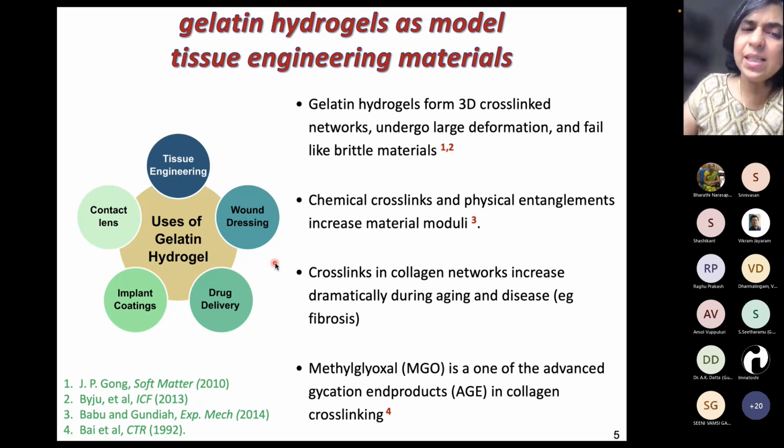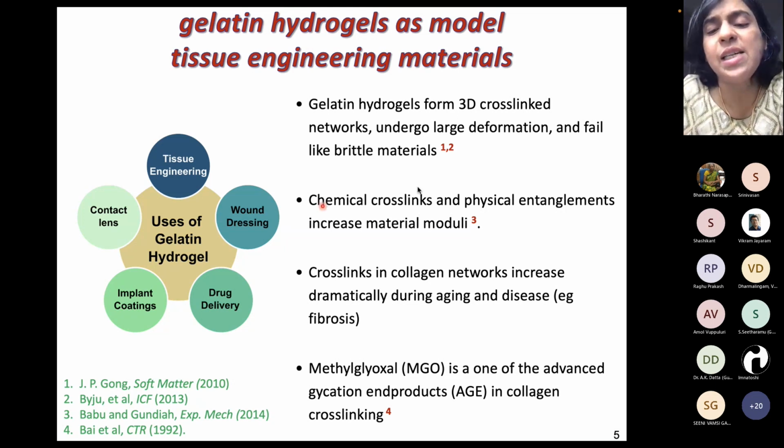But what we understand is that these crosslinks in gelatin and in collagen networks also increase dramatically as we age. So we want to be able to control these crosslinks, and we want to understand how cells respond to these very controlled hydrogel properties.